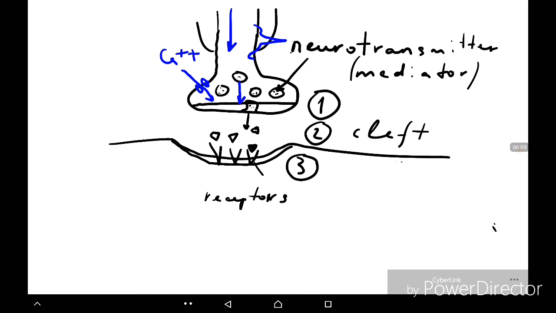The effect may be excitatory or inhibitory, and we have classical excitatory and inhibitory neurotransmitters. Excitatory neurotransmitters: the most widespread, the most common excitatory neurotransmitter in the human brain is glutamate.